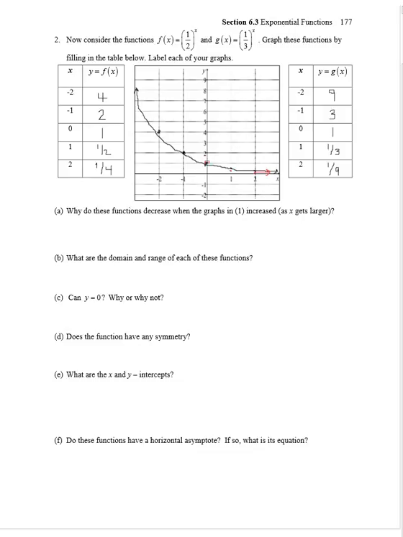Okay, our 0, 1 point is the same. At negative 1 we have 3, and at negative 2 we have 9. So it looks like that. More or less, you know, forgive the bad graphing.